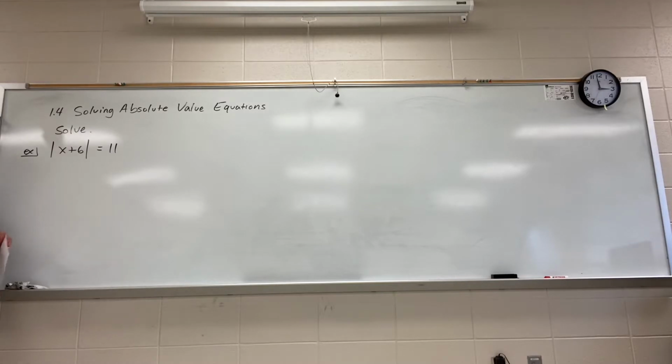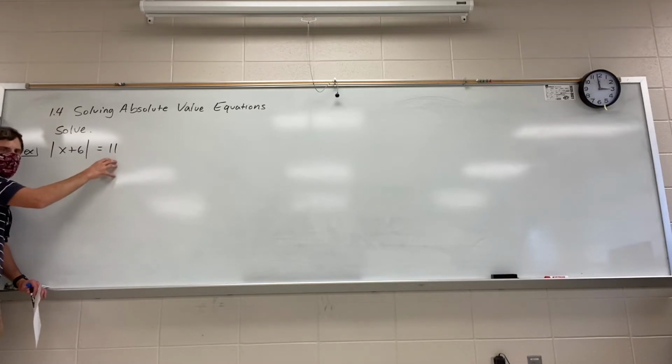Well, what this means in reality is that what's inside this bracket could be 11, because what's the absolute value of 11? 11. Or what's inside the absolute value bracket could be equal to a negative 11, because what is the absolute value of a negative 11? Well, it's 11 as well.